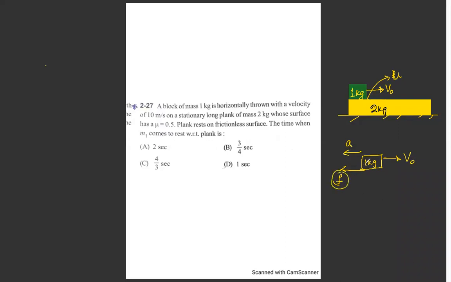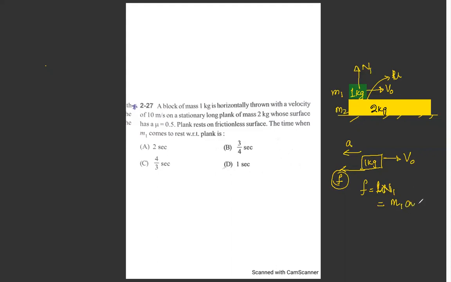How much is the friction? This friction is between the 2 kg and 1 kg blocks. So we are going to write this friction is equal to mu into normal reaction. I'm going to write this normal reaction as N1 over here. This is my normal reaction N1, right? So mu N1 is equal to M1 A1. This block is named M1 and the below block I'm writing as M2.